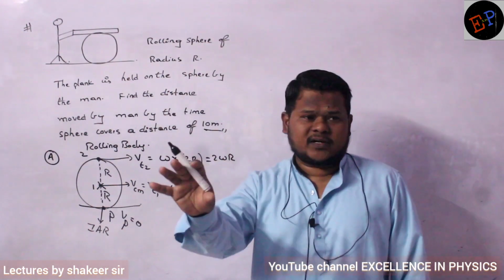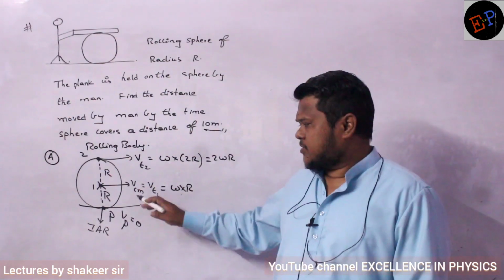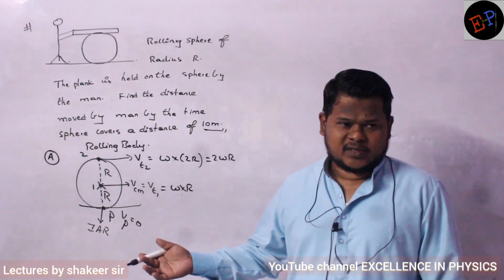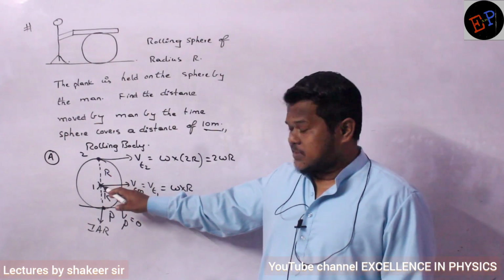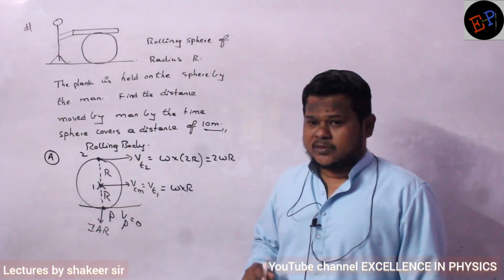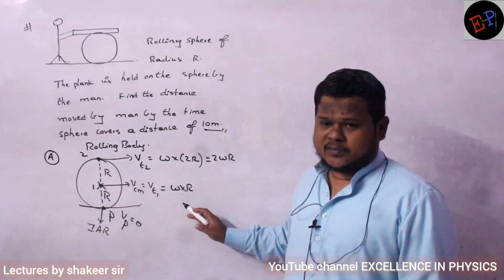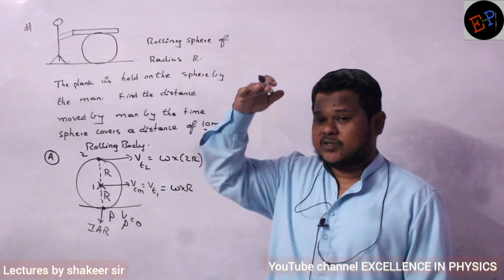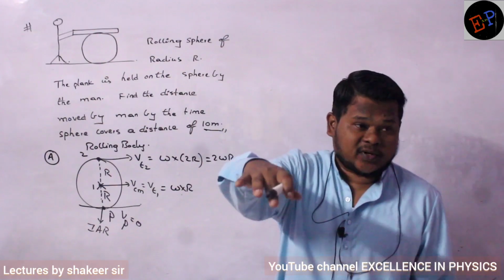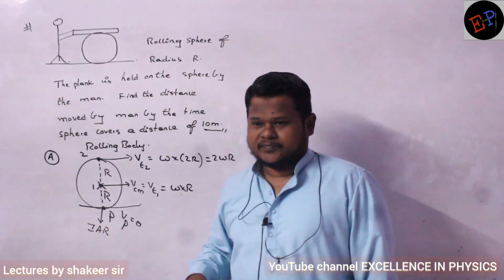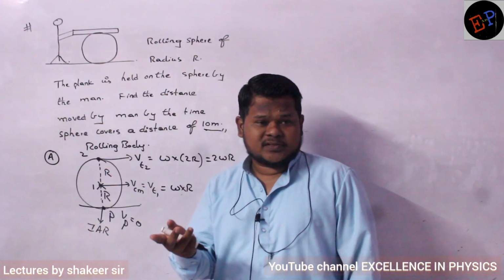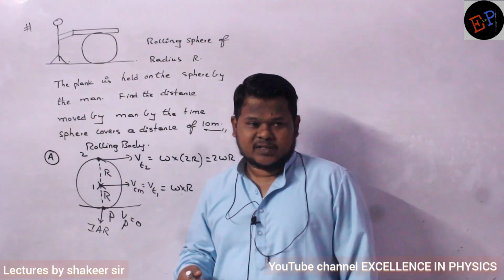The sphere is moving in a straight line with the velocity of v center of mass. But the plank's velocity is double, no? So if the sphere moves by 10 meters, the plank which is in contact with the sphere at the topmost point will cover double the distance. Why? Because the velocity is double. Are you able to understand?